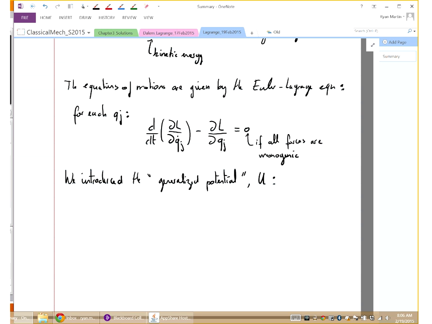So a generalized potential gives rise to a generalized force given by d by dt of ∂U/∂q_j dot, minus ∂U/∂q_j.